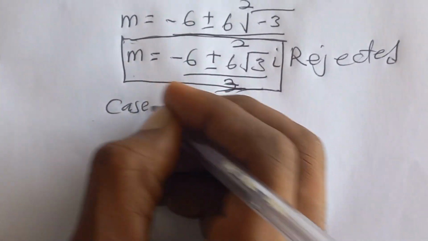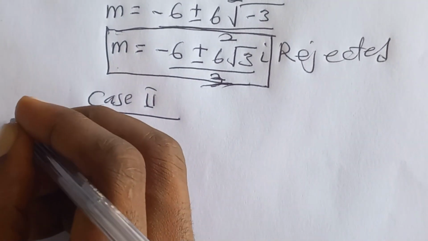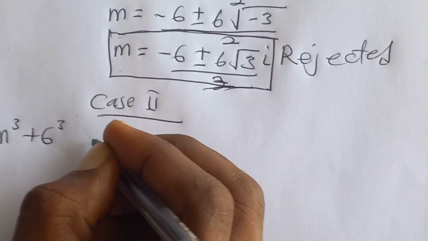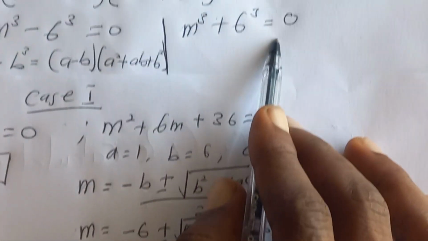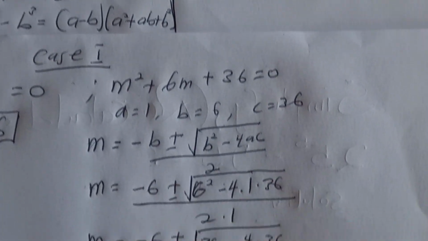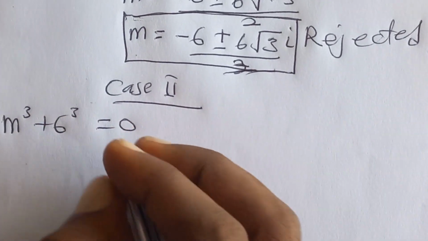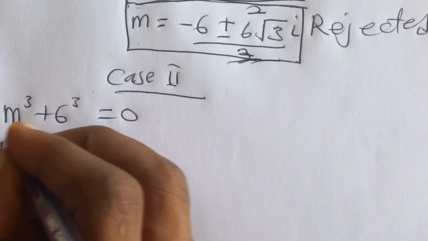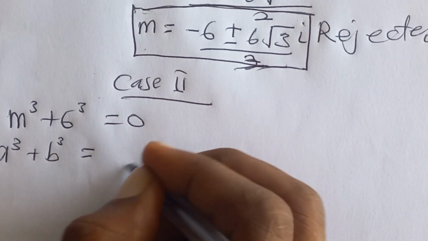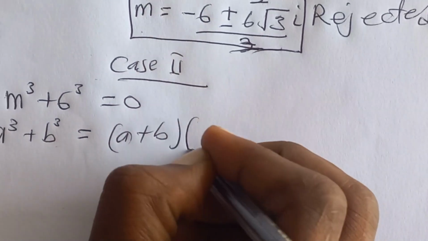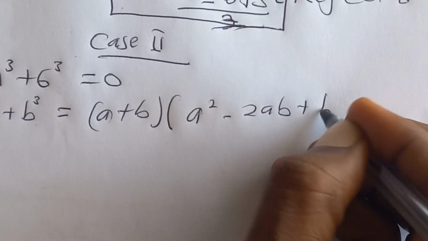Case 2, which was m cubed plus 6 cubed is equal to 0. This here is our case 2. Now, for case 2, we have a cubed plus b cubed, which gives us (a plus b)(a squared minus ab plus b squared).